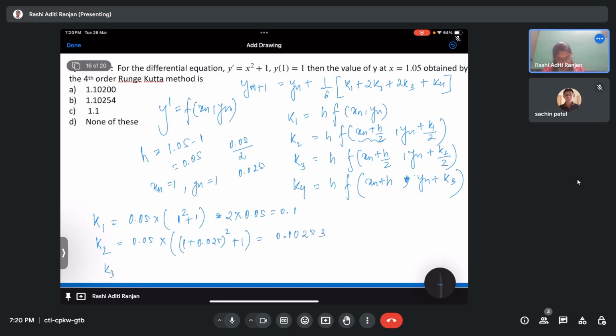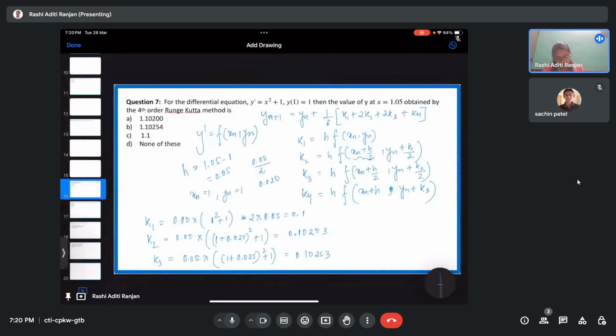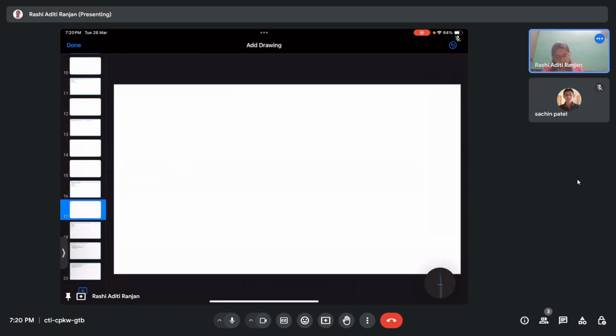Again, k3 is going to be 0.05 into 1 plus 0.025 whole square plus 1, which would give me again the same value, 0.10253.